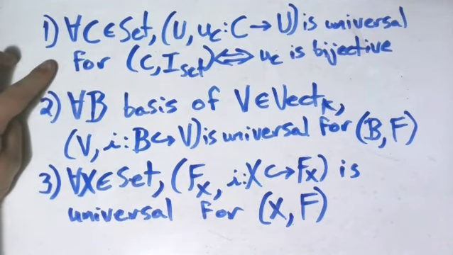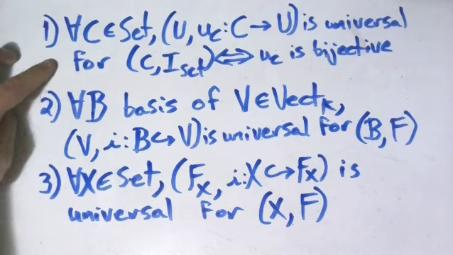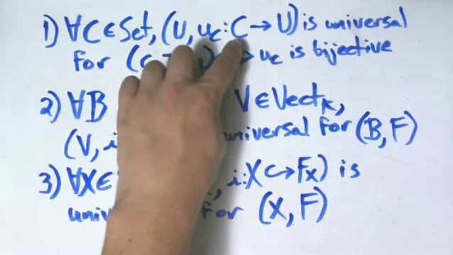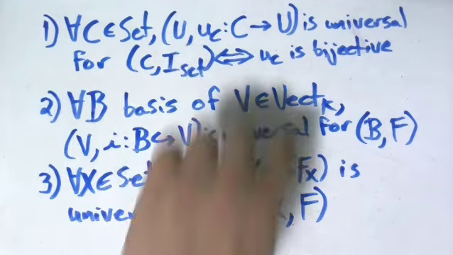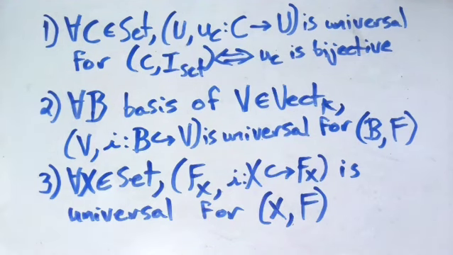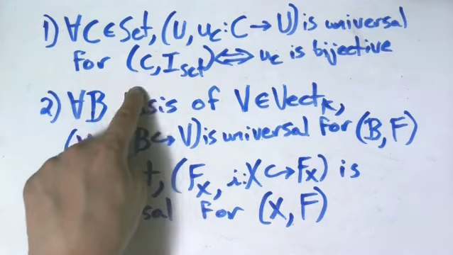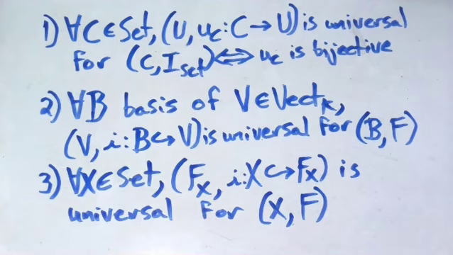So, we said that for any set C, we get that the set U and the mapping U_C from C into U is universal for C and the identity functor on Set if and only if U_C is a bijective function. So that was the first result we saw.